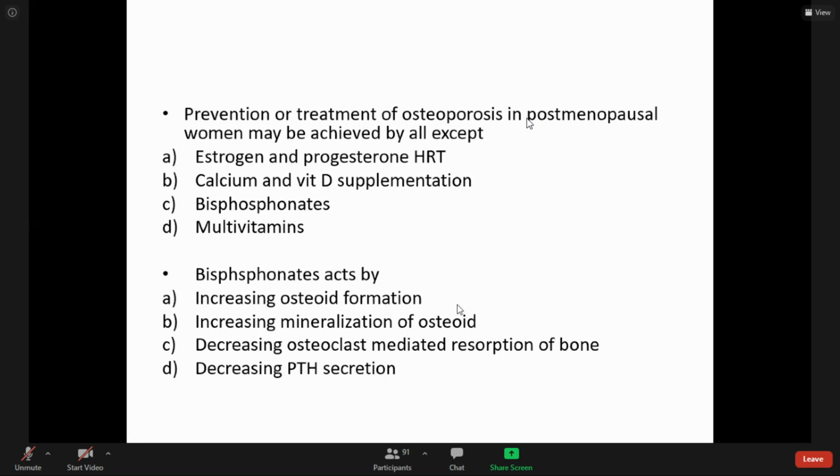Prevention or treatment of osteoporosis in postmenopausal women may be achieved by all except: estrogen and progesterone hormonal replacement therapy, calcium and vitamin D supplementation, bisphosphonates, multivitamins.